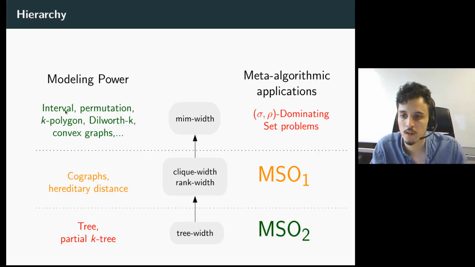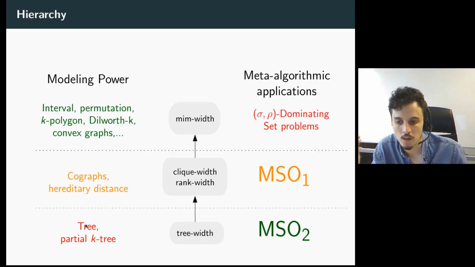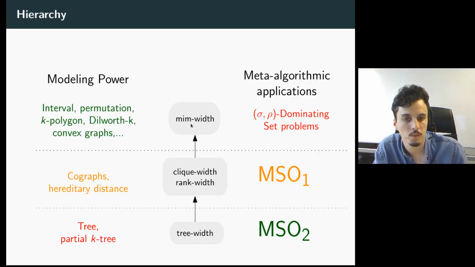On the left, you have what we call the modeling power. These are the graph classes where these parameters are bounded. For example, trees have bounded treewidth, cographs have bounded clique-width, and for Mim-width, interval graphs, permutation graphs, and many other graph classes have bounded Mim-width.